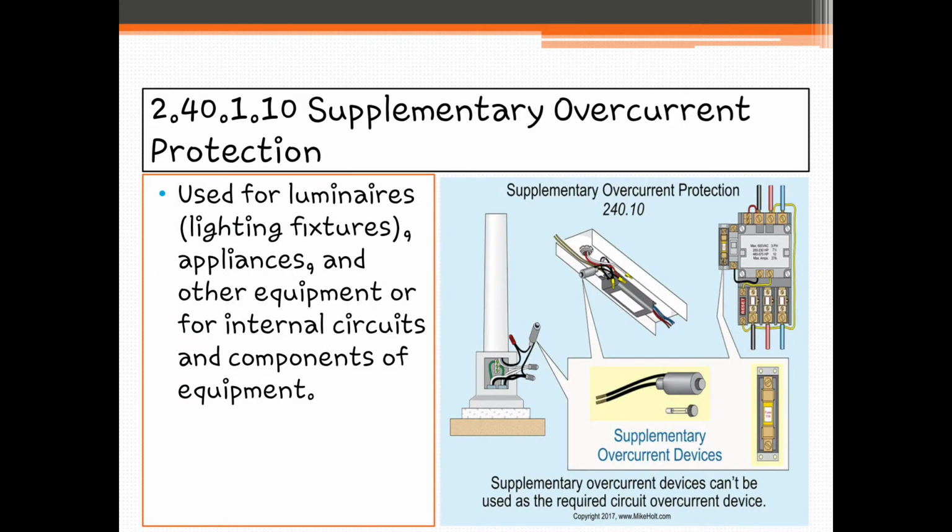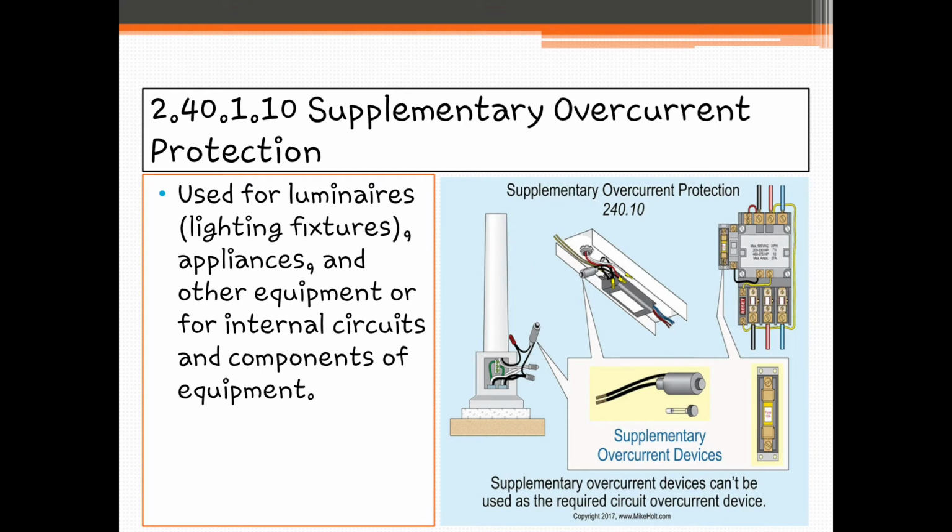Next is the supplementary overcurrent protection. So again, 2.40.1.10 is a supplementary overcurrent protection. As defined, used for luminaires, lighting fixtures, appliances, and other equipment or for internal circuits and components of equipment.